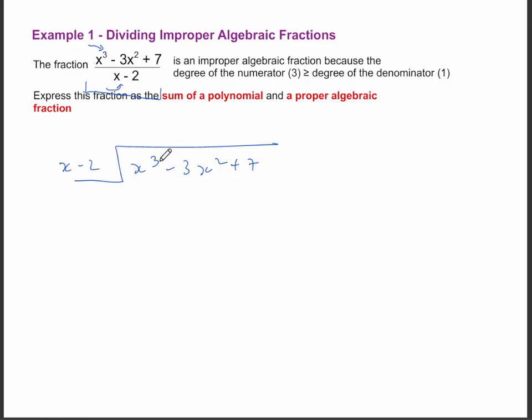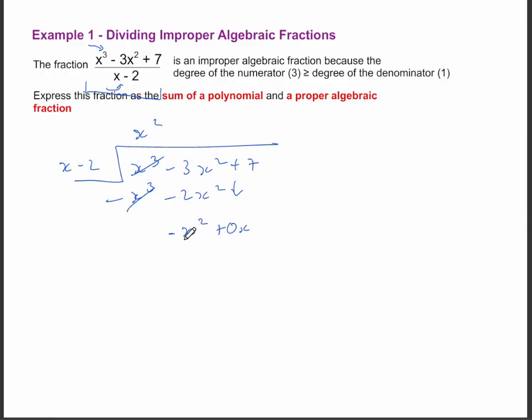Then we divide the way we have done in the first topic. So x cubed divided by x is x squared, then x squared times x is x cubed, and x squared times negative 2 is negative 2x squared. Then we subtract, so x cubed and x cubed goes away. Then negative 3x squared minus negative 2x squared gives us negative x squared. Then we bring down the next term, which is power 1, so plus 0x. Obviously we don't have it, so we write it as 0x.